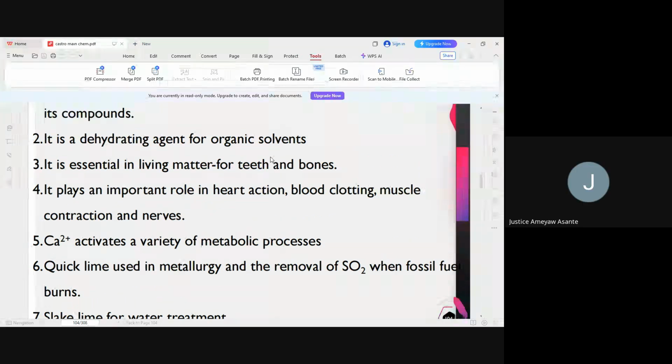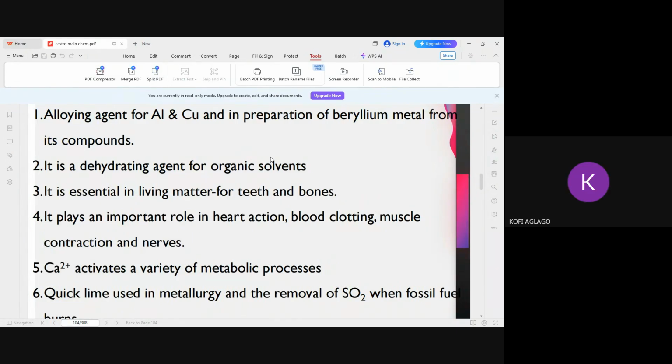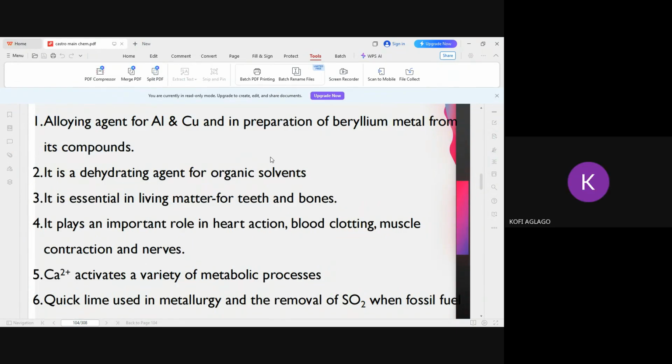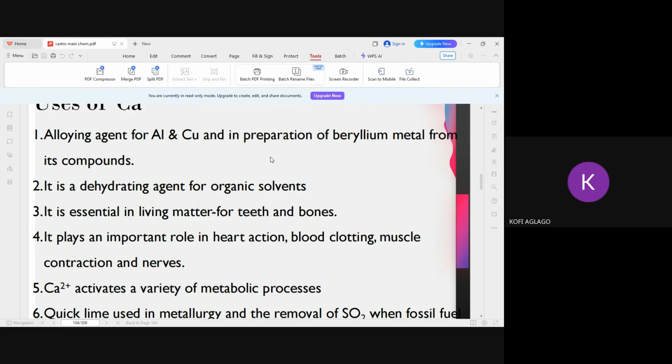With the dehydrating agent and the drying agent, are they different? Because they are all removing water. Yes, a dehydrating agent is the same as a drying agent, but about the removal of water, we have hygroscopic substances and deliquescent substances.